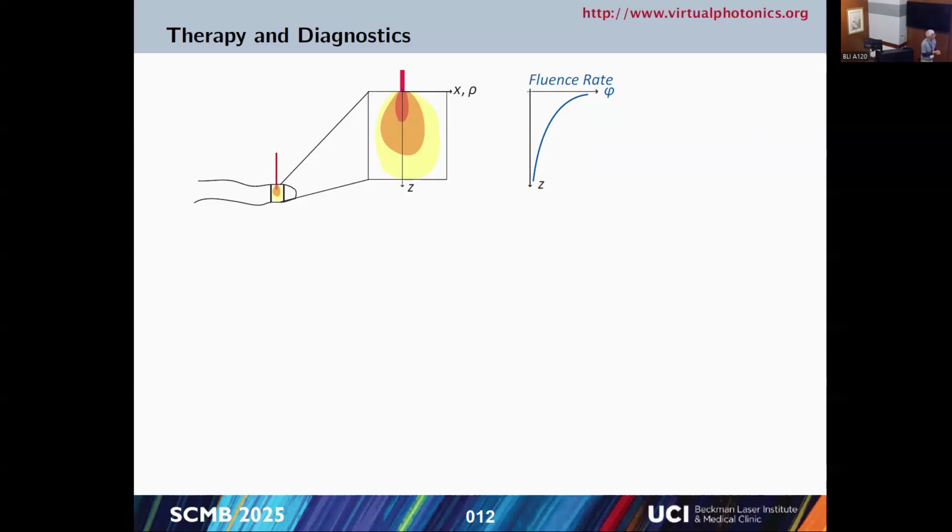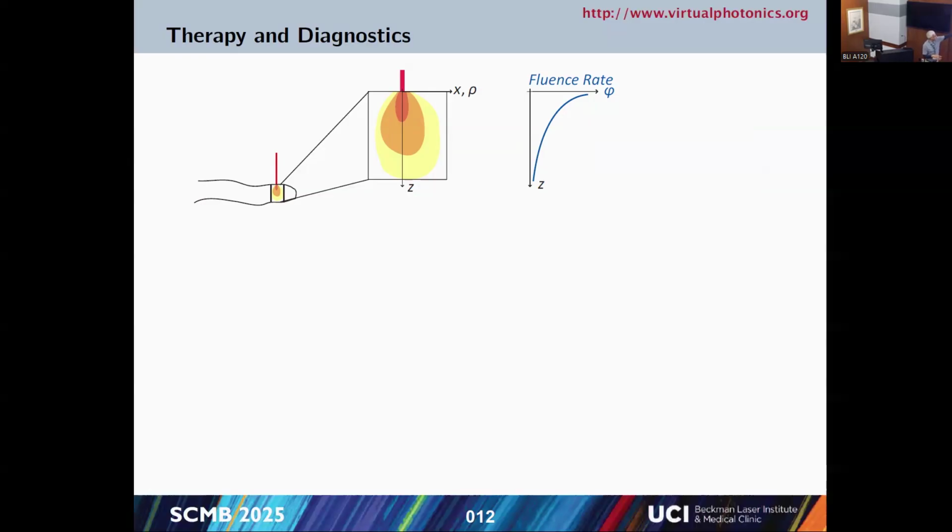So, people may not have been familiar with this term called radiance, but I think more of you have been familiar with the term fluence, right? So fluence is a metric for the total amount of light that's being emitted from a given location in the tissue.